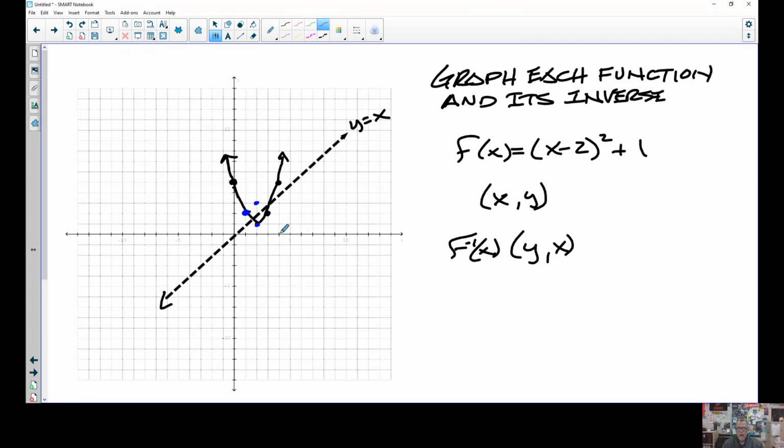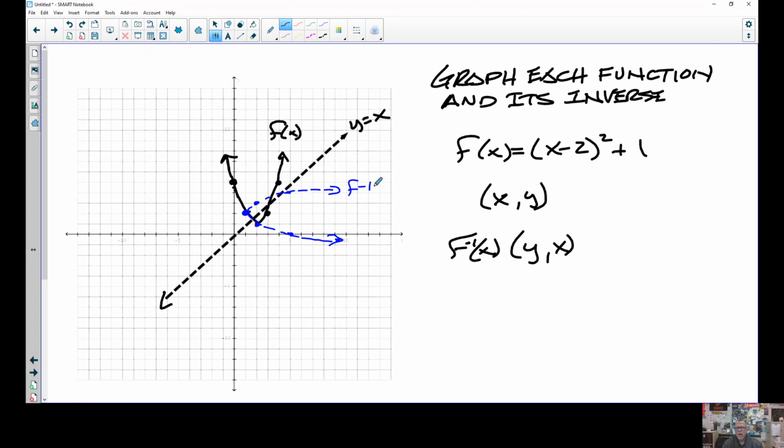If I go to 4, 5, then 5, 4 will be on the graph. I had 0, 5, so 5, 0 will be on the graph. Right? And we get this as our f inverse. All right, this was our original function.